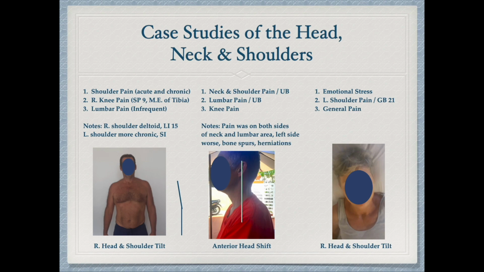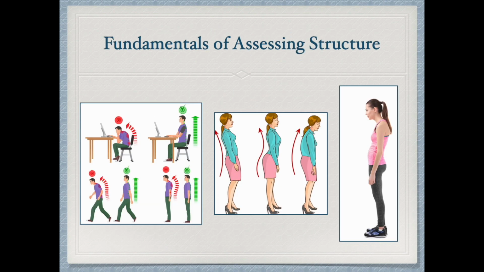So really essential that we get this under our belt and start applying it to our assessments and understanding how that relates to traditional points as well as to Master Dong's points as well.